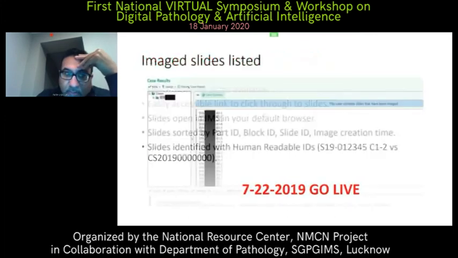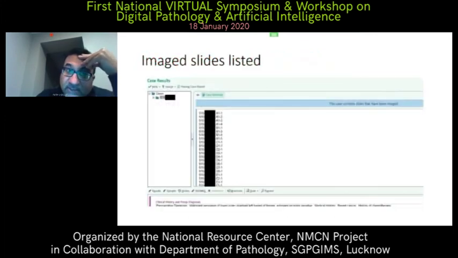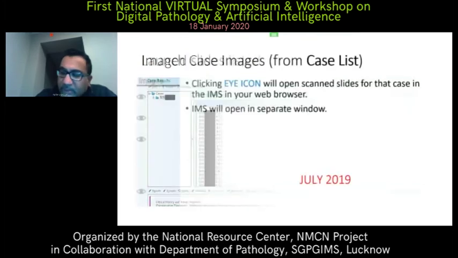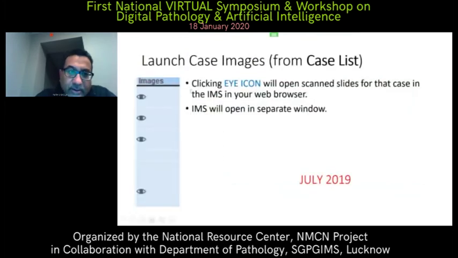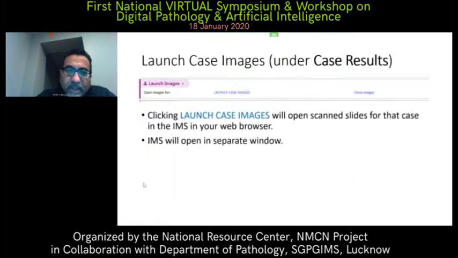So this is what the workflow looks like. This is my case results screen, so I can see the image slides listed. When you see this eye icon here, that means there are images available for that case. So I can launch the case images using this click, and I can close the images once I've reviewed the case.